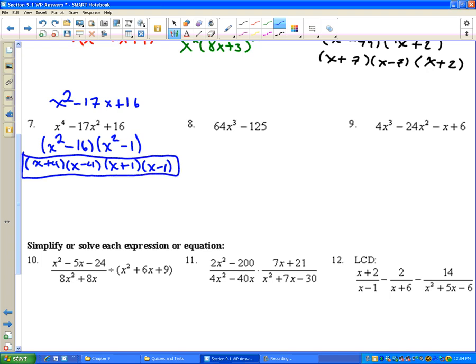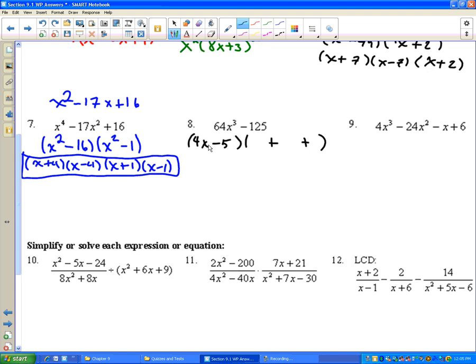So let's look at number 8. Number 8, I have an x cubed, so this is a difference of cubes. With a difference of cubes, the cube root of 64x cubed is 4x. The cube root of 125 is 5. It's a difference, so the operations are minus, plus, plus.